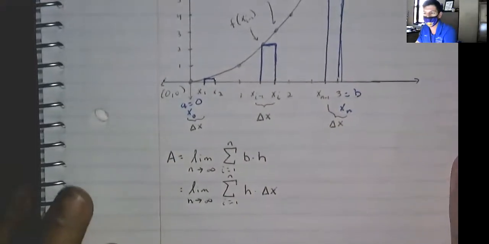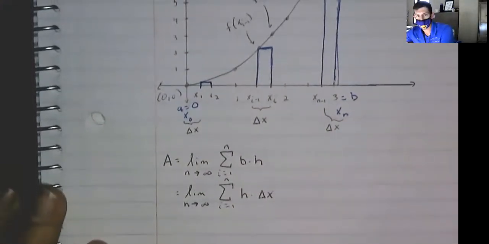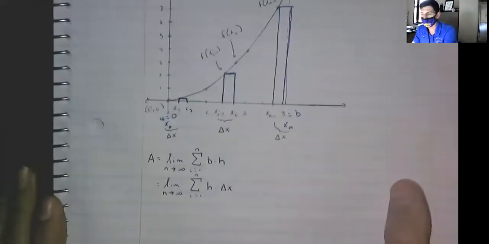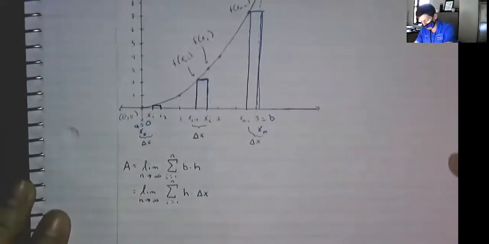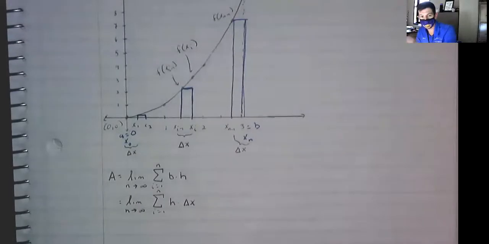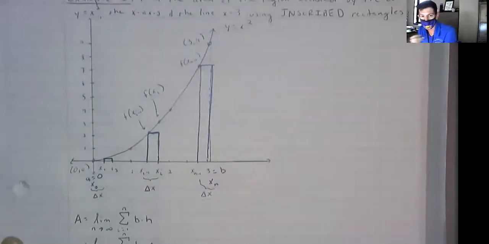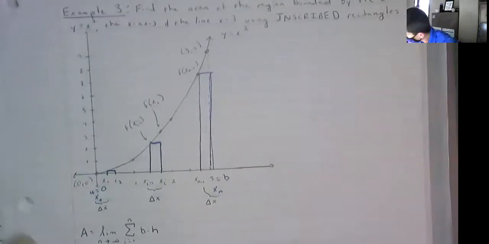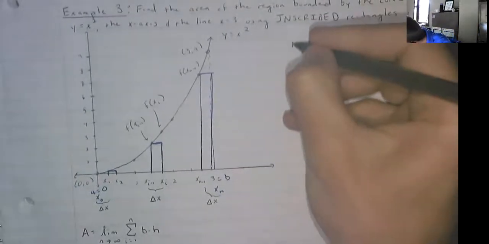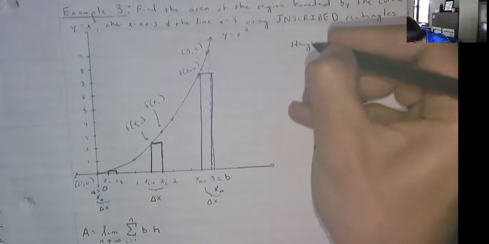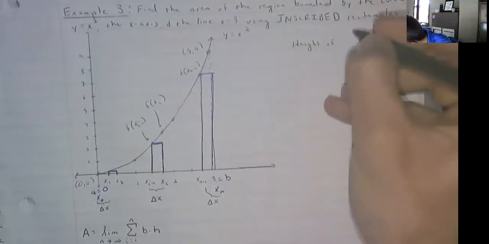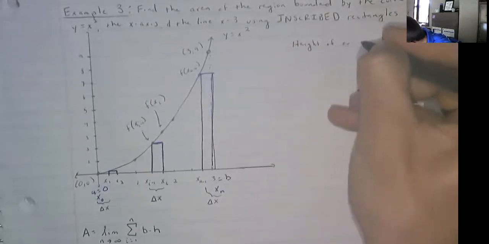And actually, let's do this off to the side, because I think seeing this pattern emerge is crucially important. We're definitely not going to get through this example, but that's fine. Maybe just off to the side of your diagram, let's start writing down the height of our rectangles.